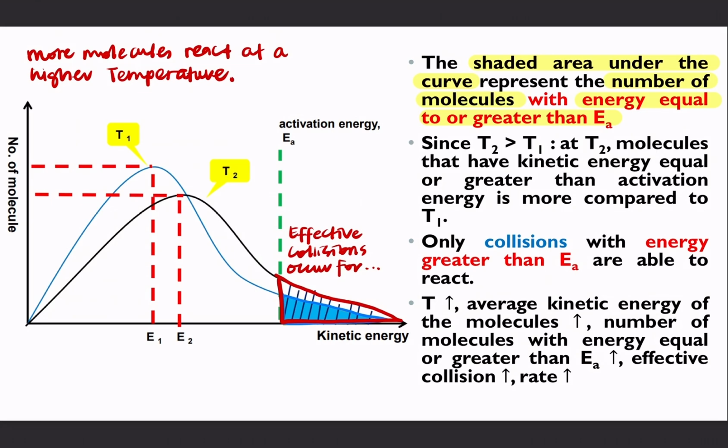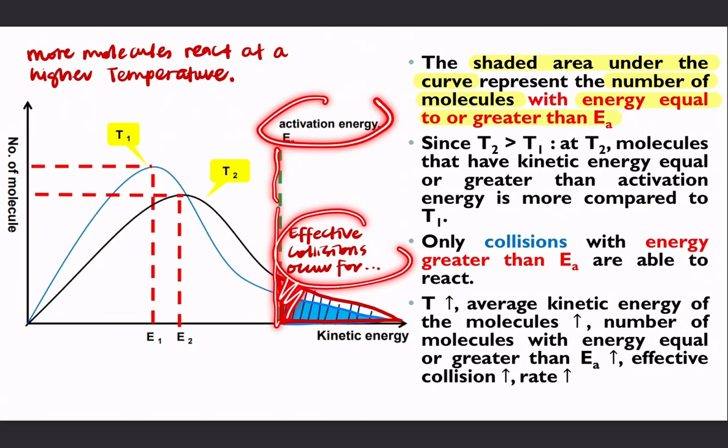More molecules will react at a higher temperature. As I explained just now about the activation energy for the different temperatures, the effective collisions occur after this activation energy for these molecules.